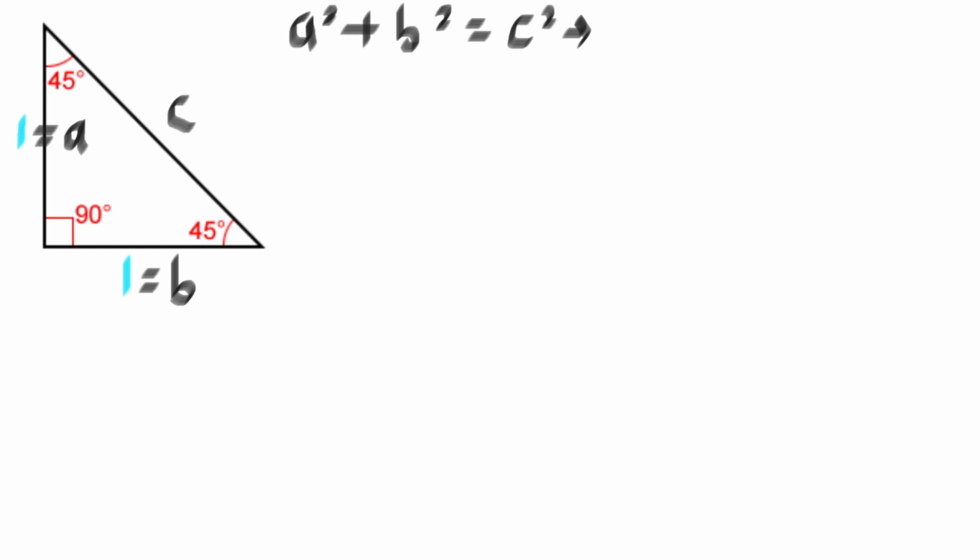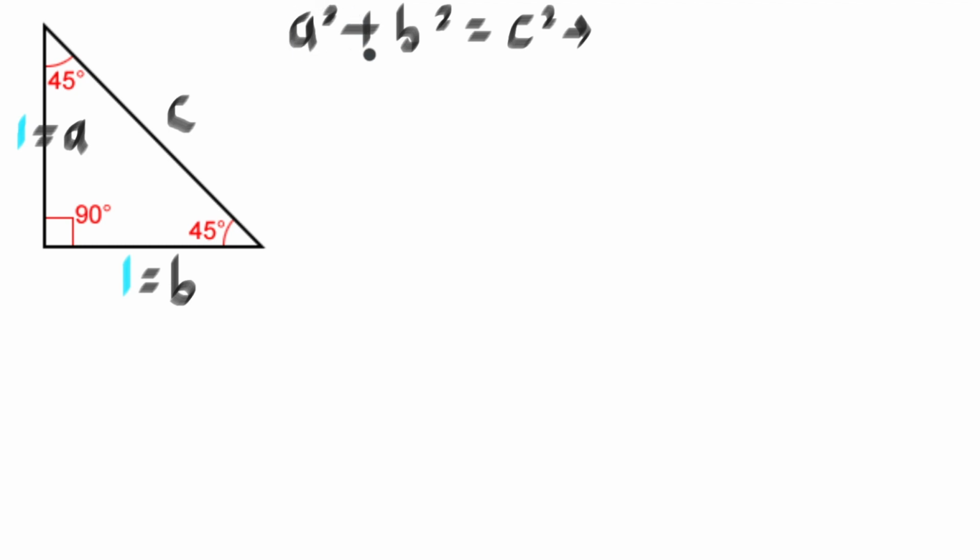So the second triangle we're going to use is an isosceles right triangle. In this triangle, you can see that the two base angles are 45 and 45. That means these two shorter sides are 1 and 1, and then the hypotenuse is C. So to find C, we're going to use the Pythagorean theorem again.